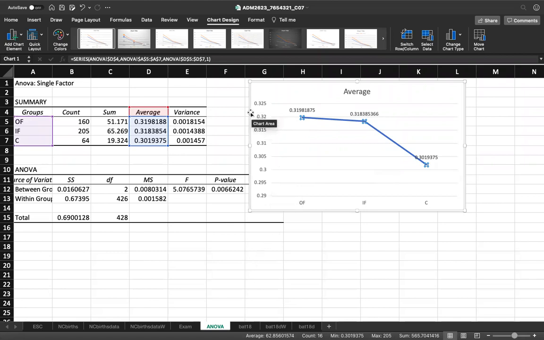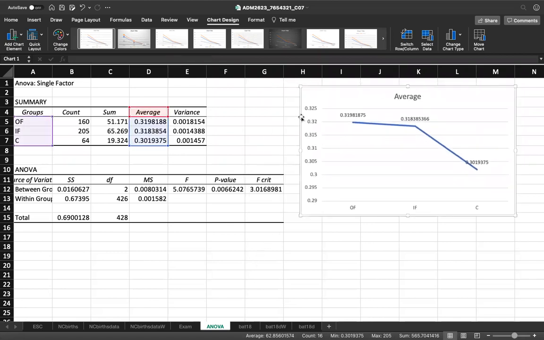So let's do a subsequent analysis called post hoc analysis to figure out where the difference is coming from. So we know that C is significantly different from OF and IF, but OF and IF are not much different.